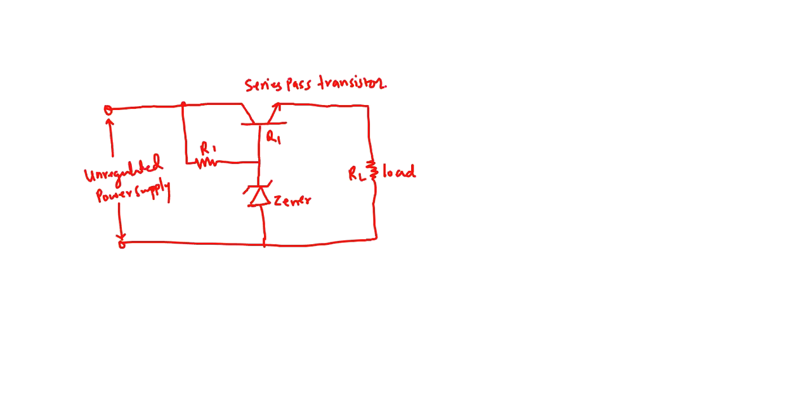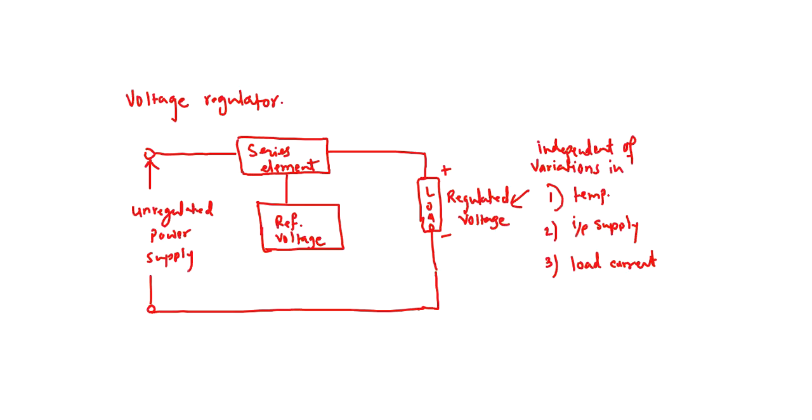So we would like to remind you that we have seen in the block diagram, in case of a voltage regulator, you have this series element right over here, and you have a reference voltage, for example. So let me draw it properly.